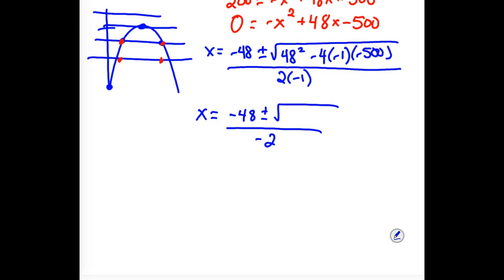Okay. And now if I look at the 4AC piece, I have 4 times negative 1, that's negative 4, times negative 500, that's 2,000. So I'm subtracting 2,000. So inside the square root part, we would just have 304. Okay?